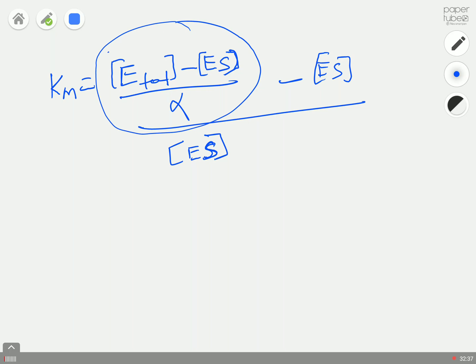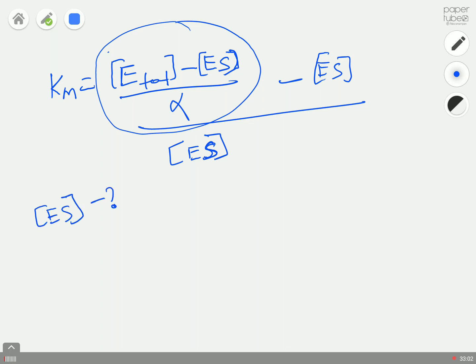So I'm going to expand this full expression, so that we can calculate the enzyme substrate complex.